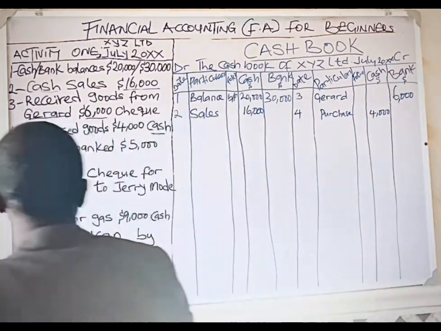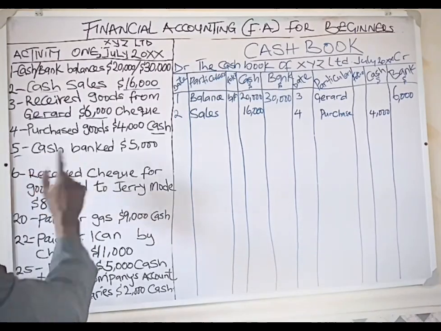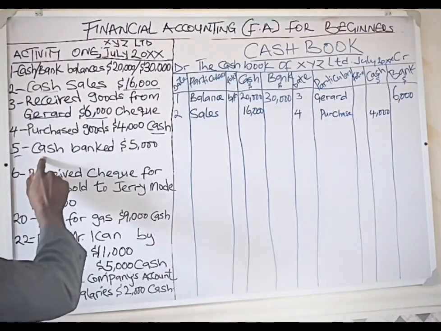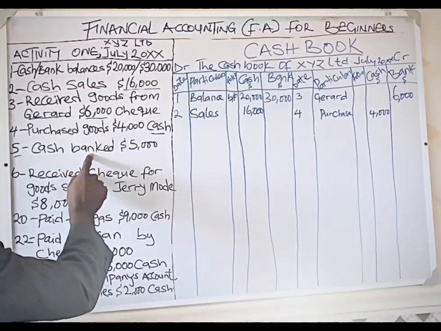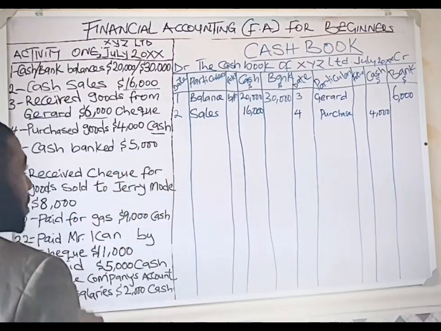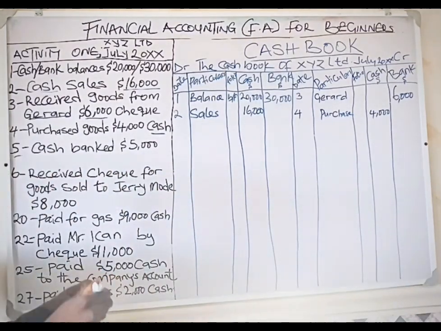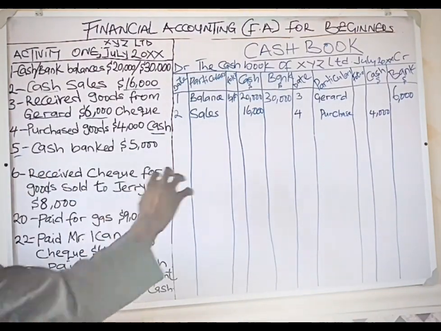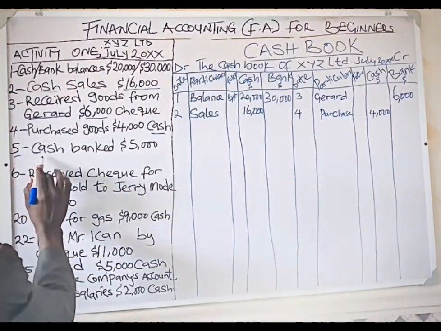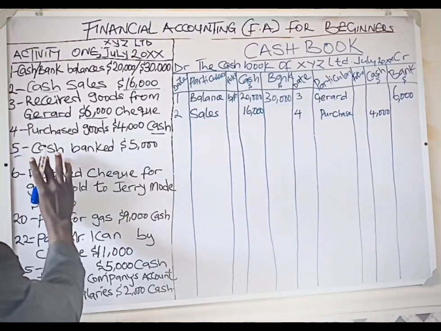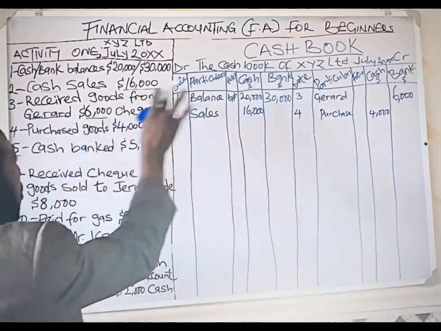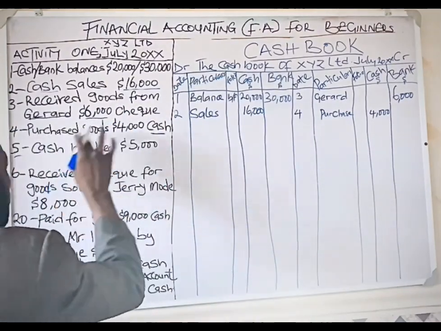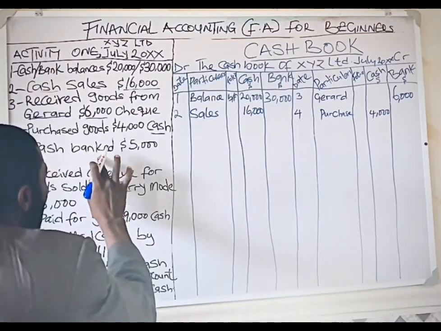Now let's do it. Cash bank. We remove our cash and put it in the bank, which is $5,000. Listen very attentively. Students get confused with contra entry, how to treat the entry. Now, cash bank. We remove cash. That is, our cash is going, and bank is receiving.